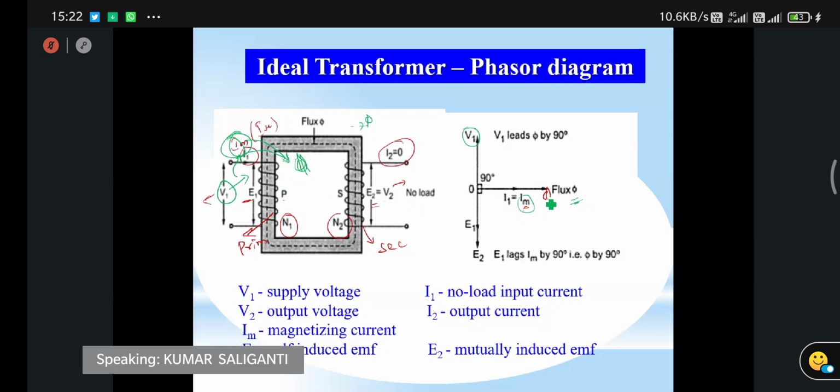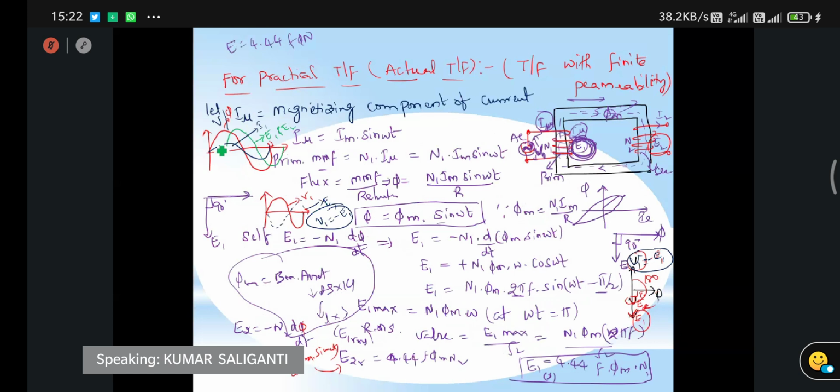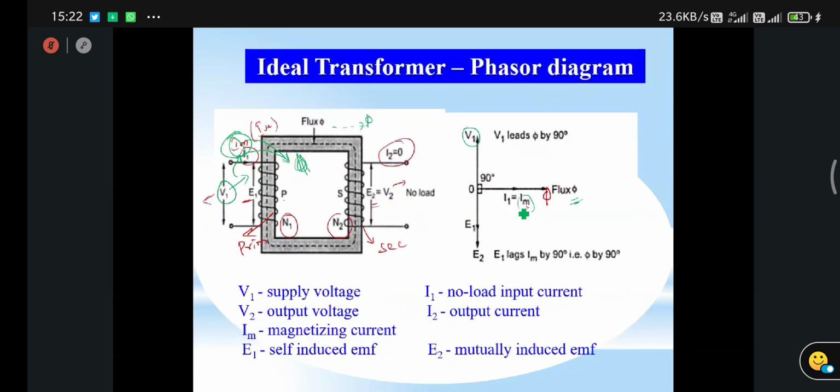You can see the magnetizing current and the flux both are in the same phase. V1 and V2 are the supply voltage and output voltage, and Im is the magnetizing current. E1 is the self-induced EMF. E2 is the mutually induced EMF. I1 is the no load input current and I2 is the output current here.